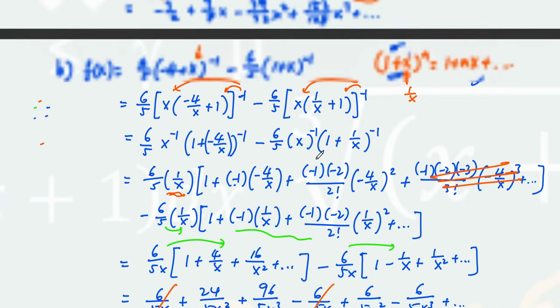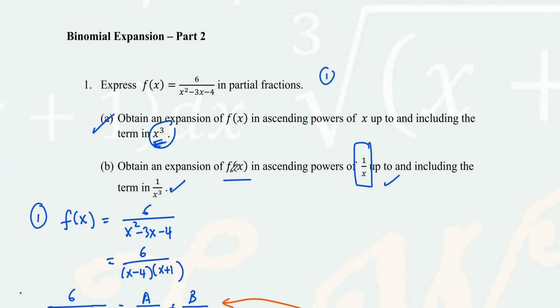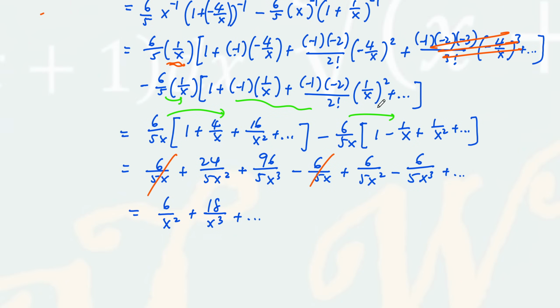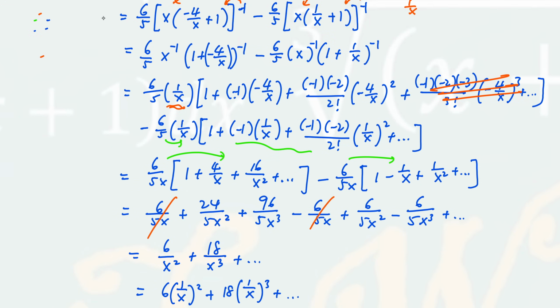Okay, but then the question is asking for 1 over x cubed. So to show clearly, you can just write this is basically 6 times 1 over x squared plus 18 times 1 over x cubed. So this is our expansion. Same function, but then you will have two types of expansions. Right, so done for the first question.